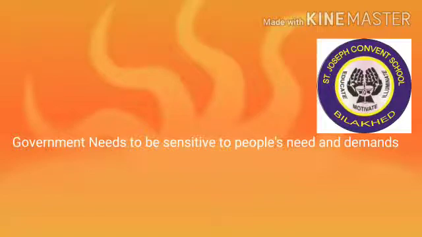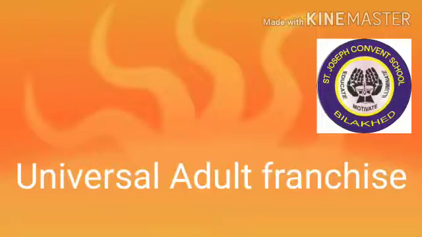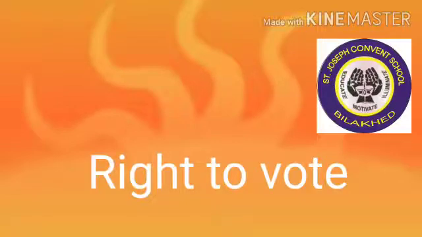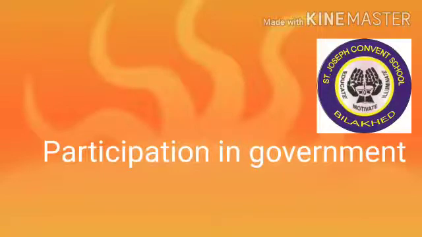And this was fulfilled by the Constitution of Independent India, which laid down the idea of universal adult franchise, with which the citizens of India get the right to vote, and in a way they get the chance to participate in their own government.